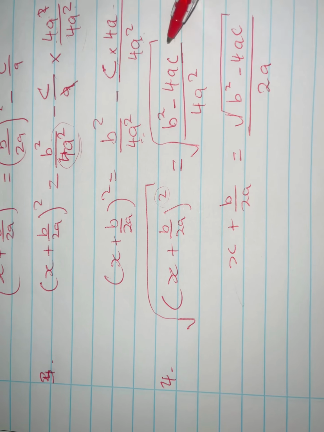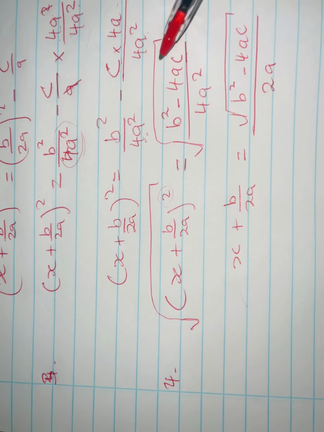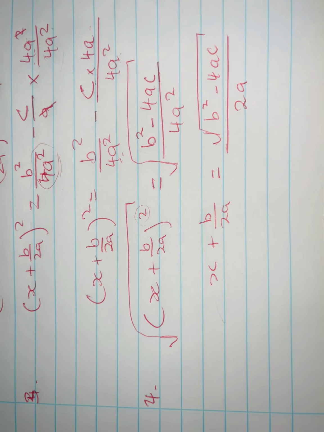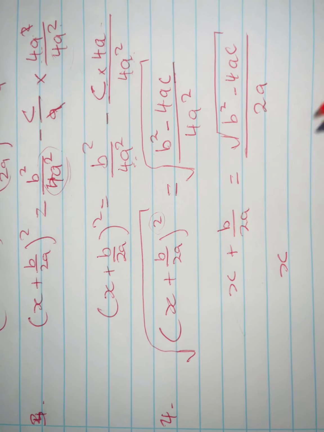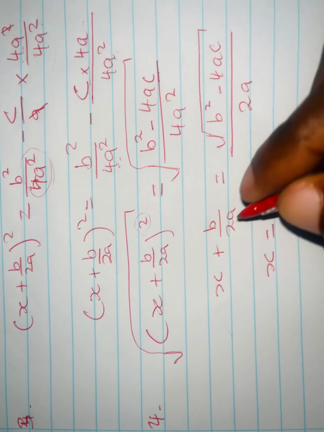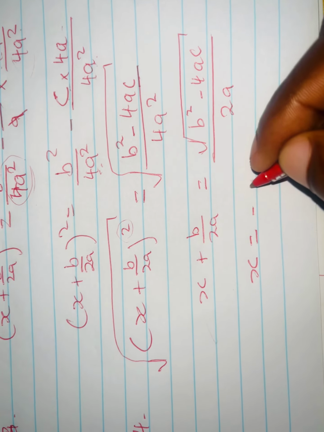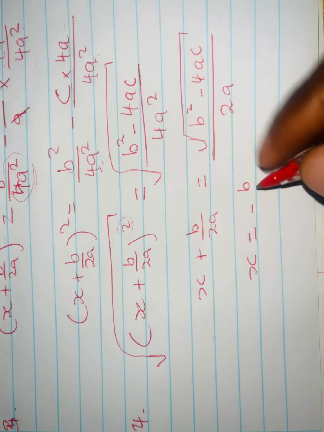Unfortunately, we can't determine the value of this one, hence we kept the square root. So now we're going to transpose this one, minus b over 2a, to the other side.